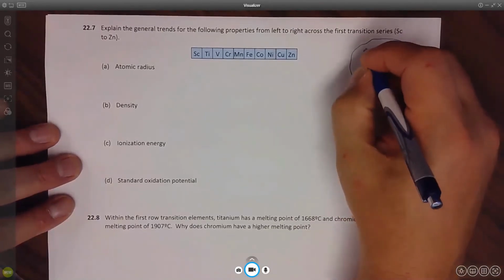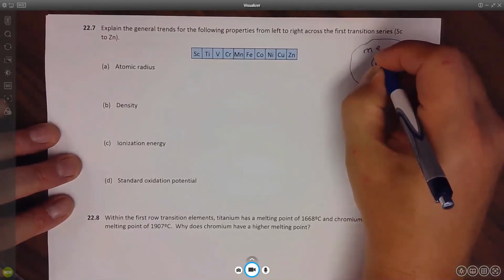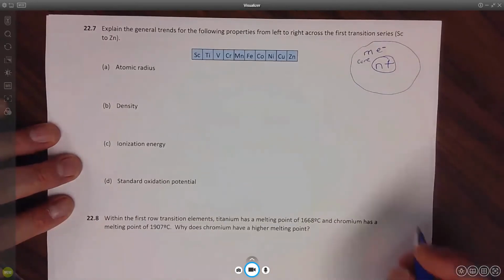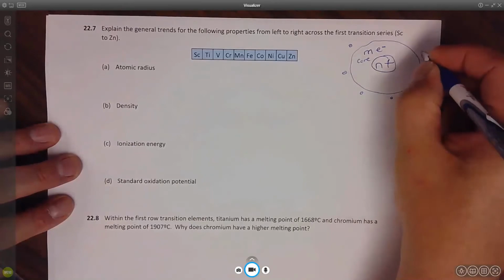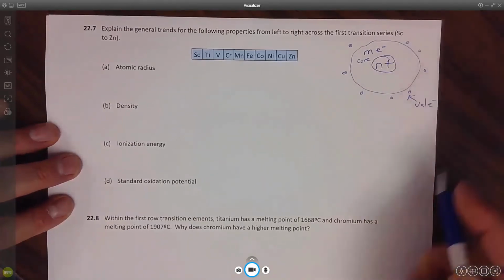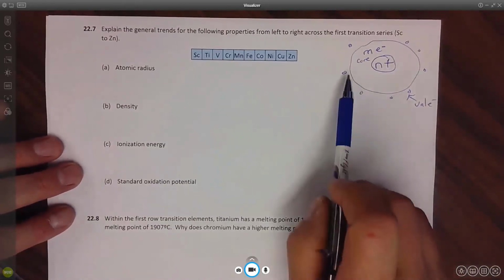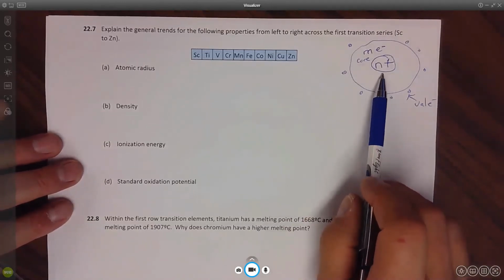So this is some number which is different than n, some number of electrons, and those are our core electrons. Then on the outside sit our valence electrons. So these are our valence electrons. They all approximately sit the same distance from the nucleus, within a given shell.